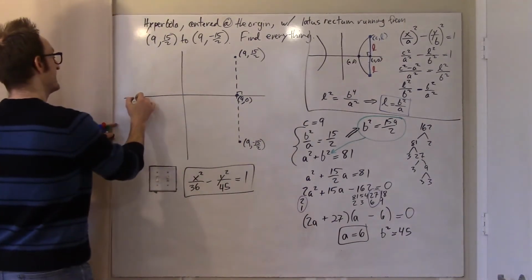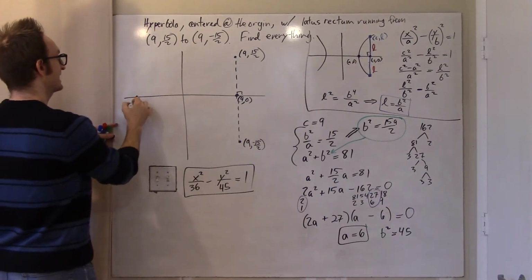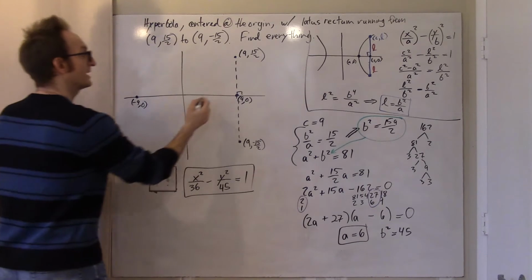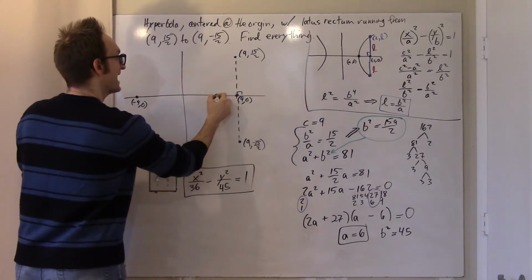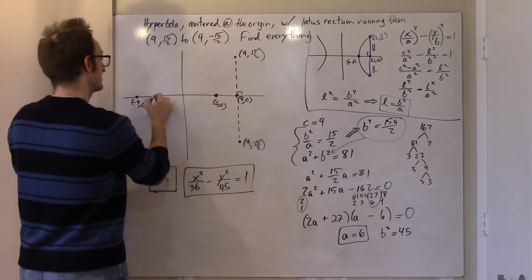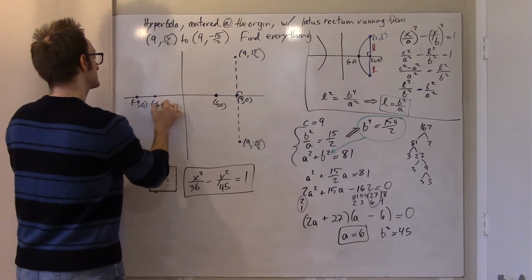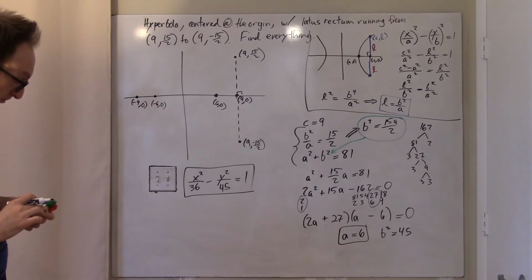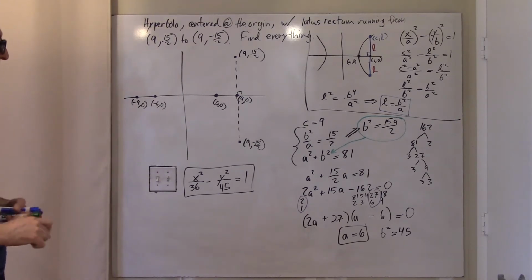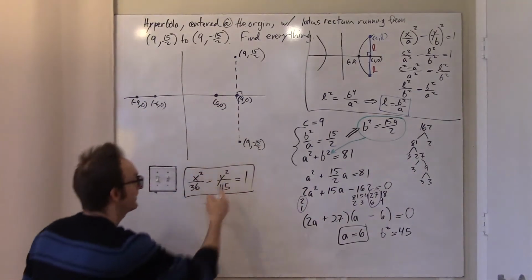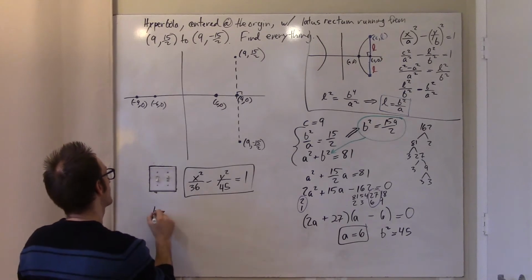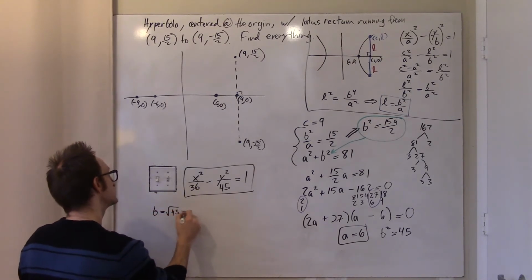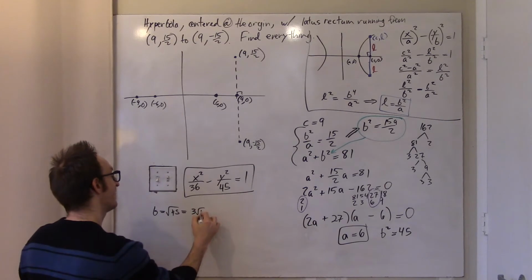I'll go over here to negative 9, 0. The vertices are going to be here at 6, 0 and negative 6, 0. And now I would like to make my happy box. What are the dimensions of the happy box? Well, B is being stretched out by root 45, which is just 3 root 5.